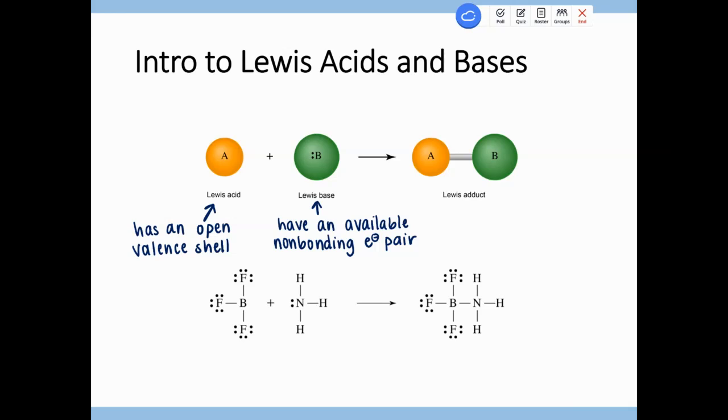So open shell atom, and then in the other molecule, we have a pair of electrons here that can share with the boron. And in the product, now we have a shared electron pair between them. So the base, electron donor to the acid, which is an electron acceptor.